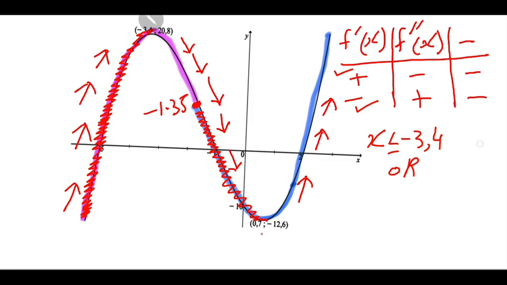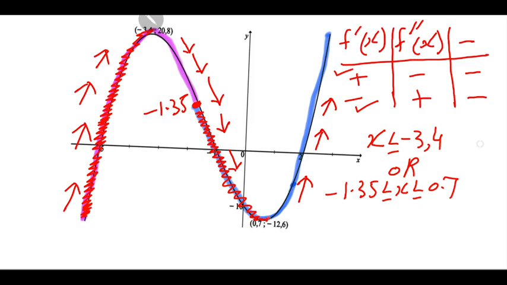Negative times positive, answer will be negative. So I'm gonna use this interval between negative 1,35, and obviously this is included till the 0,7. The first derivative is negative, second derivative is positive. Negative times positive, answer is negative. So this is my second interval.